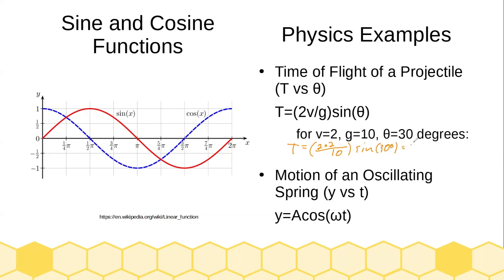The sine of 30 degrees is 1/2. So this is equal to 4 over 10 times 1/2, which is 4 over 20, which is equal to 1/5.